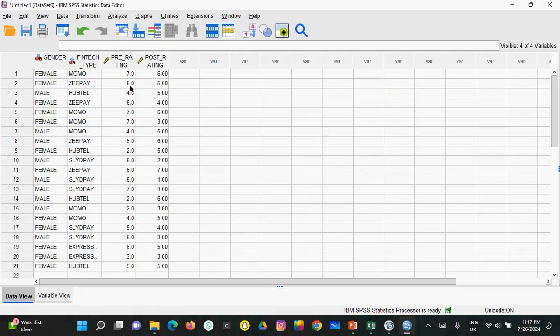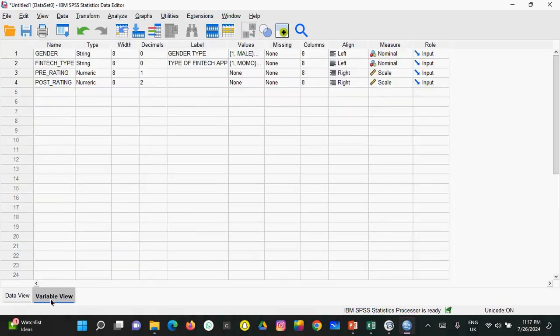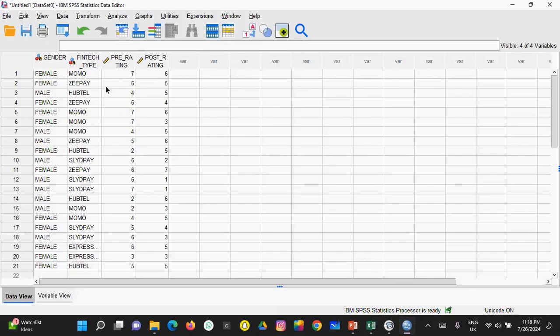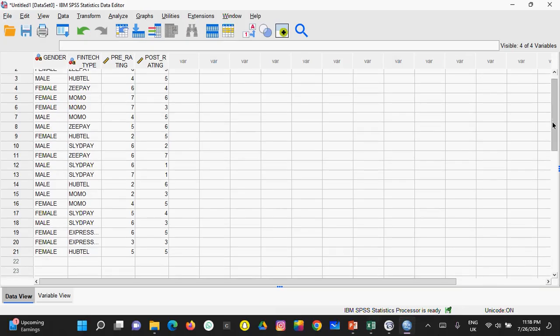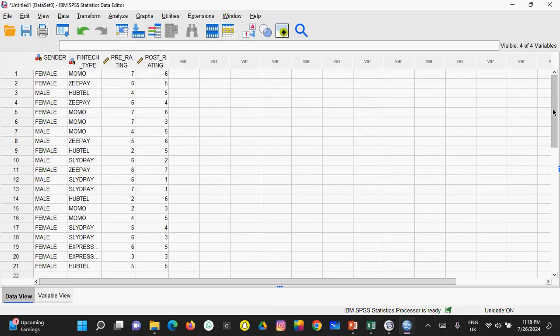Remember, the reason why you are seeing 7.0, 6.0 and everything here is that we left it in two decimal places. So let's change it to 0 decimal places. When we click here, it will change to the numbers. So now we have our data in here. Now let's run our paired sample statistics test. Right? So we'll come to Analyze.